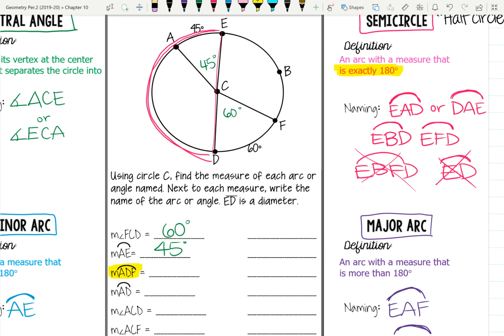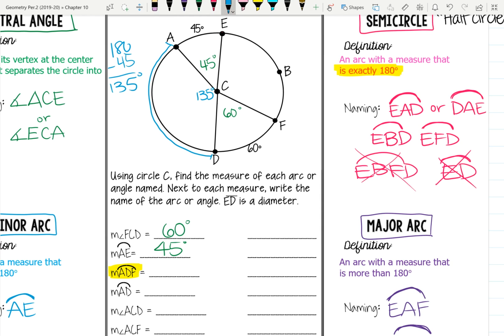If that's 180, and we already know this portion is 45, can I just subtract the two? And there we go, 135 degrees. That must mean this arc, AD, is 135 degrees, which makes this central angle also 135 degrees.